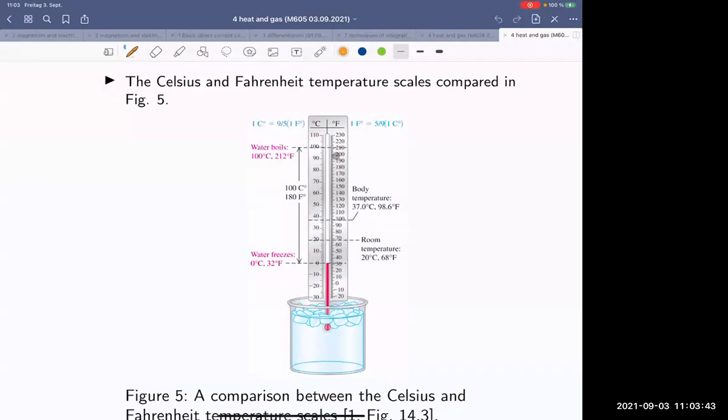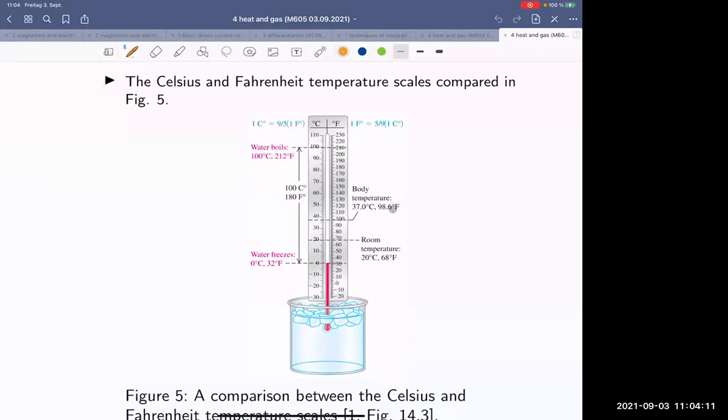The freezing point is 0 degrees on the Celsius side, and you get 32 degrees on the Fahrenheit side. And the normal temperature for the human body is 37 degrees on the Celsius scale and 98.6 degrees on the Fahrenheit scale.